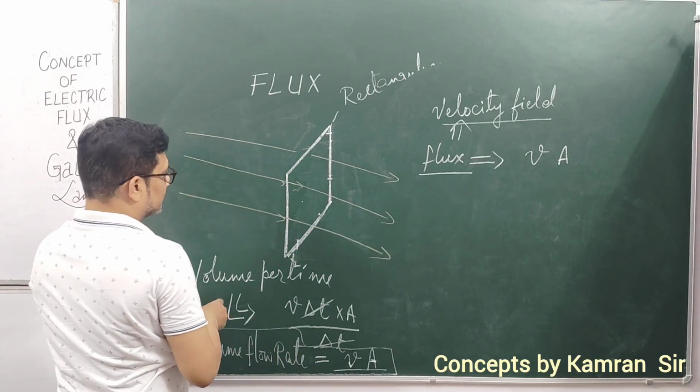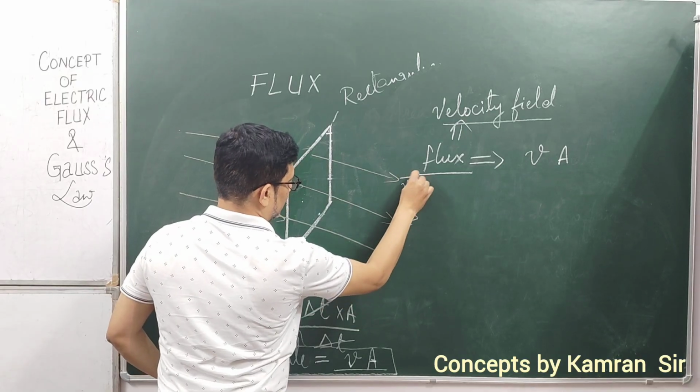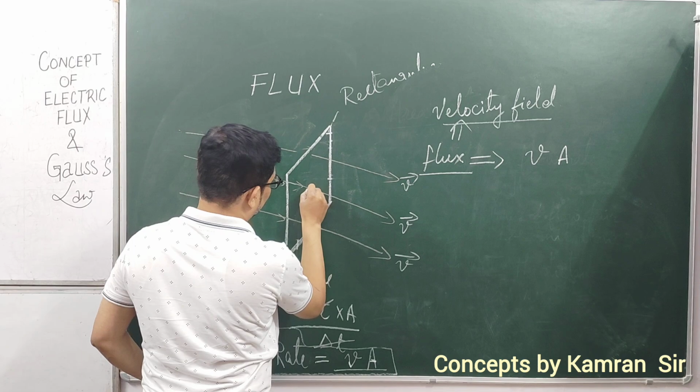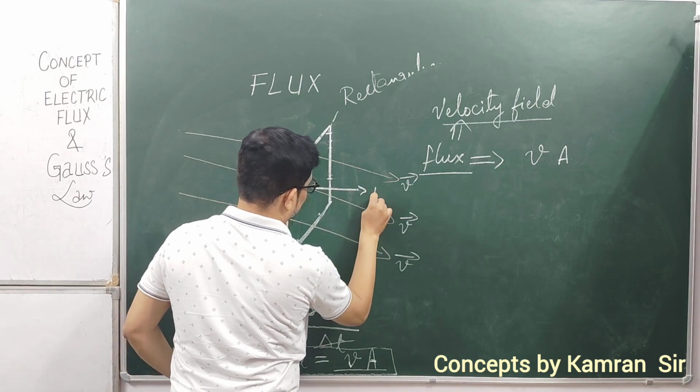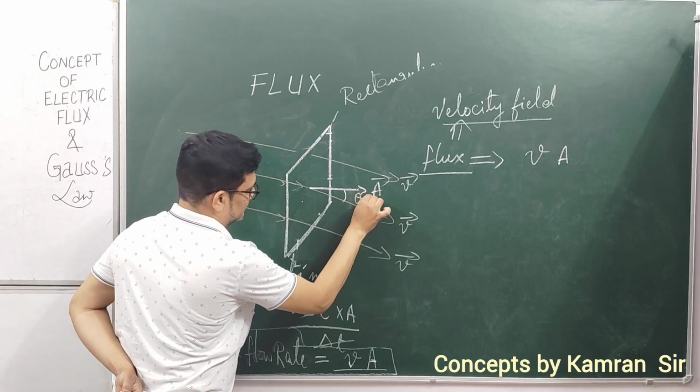So now this is the velocity direction, and now we'll draw the area vector. Suppose I take this as reference, the area vector is always in this direction. So now we see that this is making an angle theta.